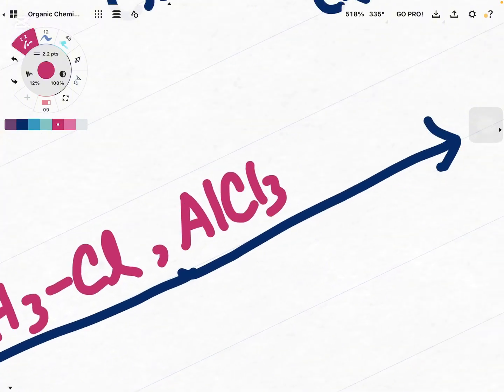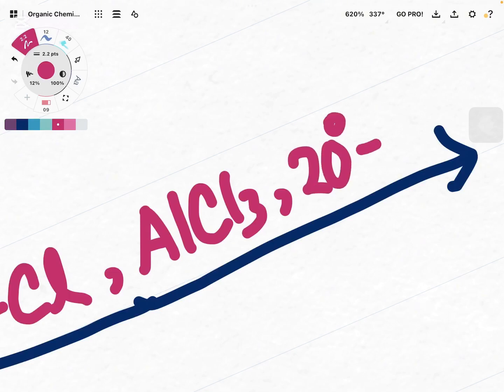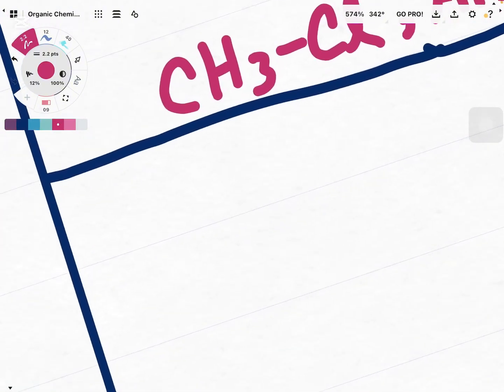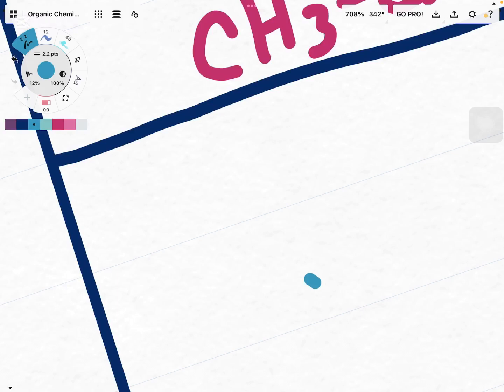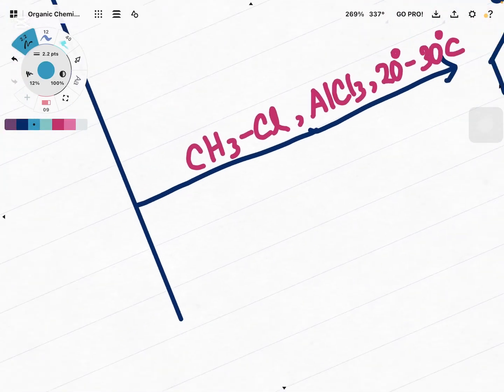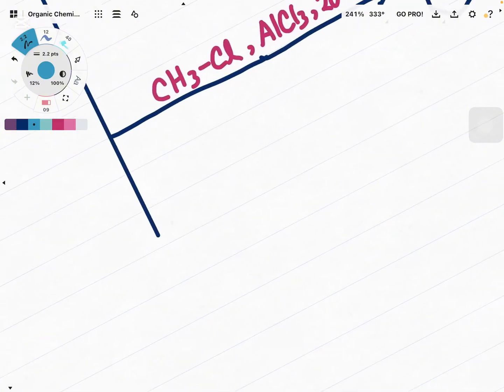Okay, and with help of 20 to 30 degrees Celsius temperature. The name of the reaction is Friedel-Crafts alkylation. So okay, I'll put it here later. We first complete the reactions.